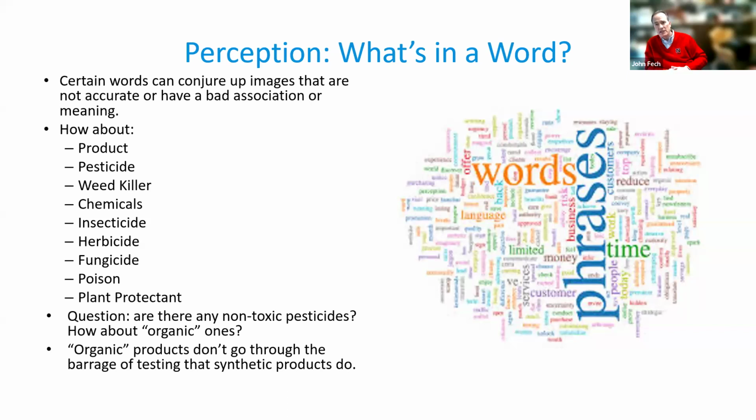The word pesticide itself, to people in the green industry has kind of a neutral association, but to some people who are not well informed, generally it's considered negative. Most people don't know the difference between pesticides, insecticides, herbicides, and fungicides, and use those names interchangeably, which talks a little bit about it. The word poison is usually considered negative, even by green industry people, although some green industry people shrug their shoulders and say, yeah, I know what that means.